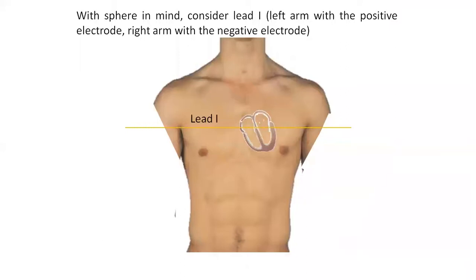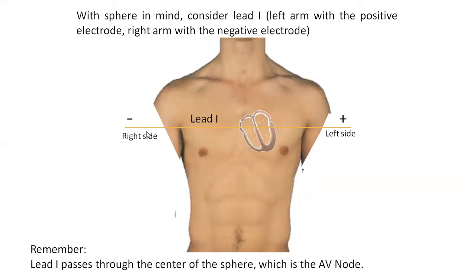Now this is the lead 1 direction, which is going through the AV node. On the patient's left side it is positive, and on the patient's right side it is negative. So what you have to remember is lead 1 passes through the center of the sphere, which is the AV node.